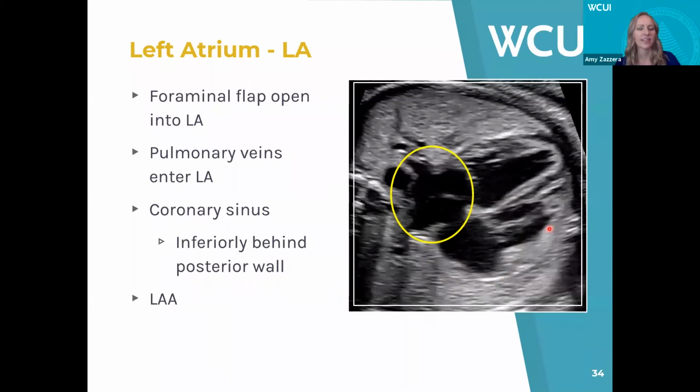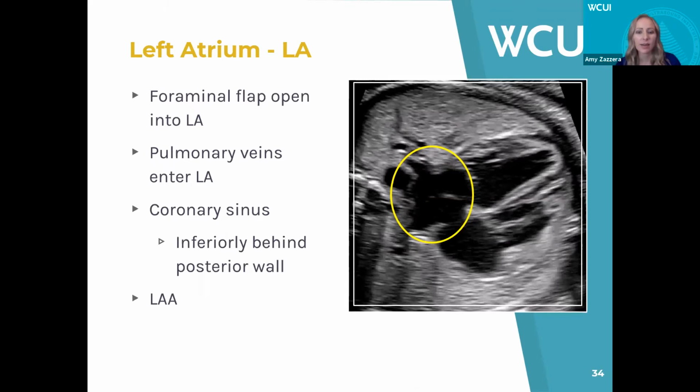All right, and then the left atrium. So like we said, it's the most posterior chamber closest to the spine in normal anatomy. We have the foraminal flap opening into that left atrium. We have the pulmonary veins entering that left atrium. The coronary sinus can be seen here if you angle the transducer slightly inferior.